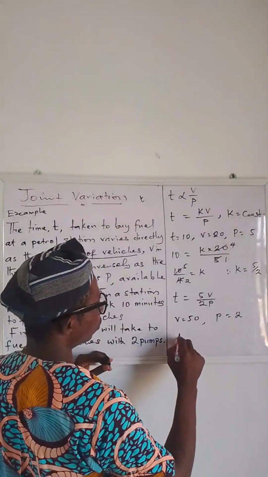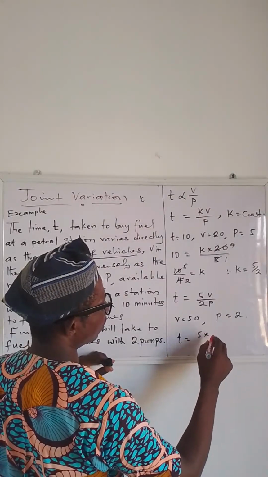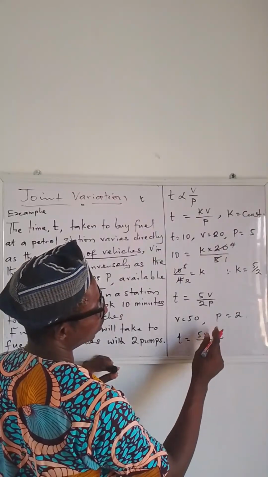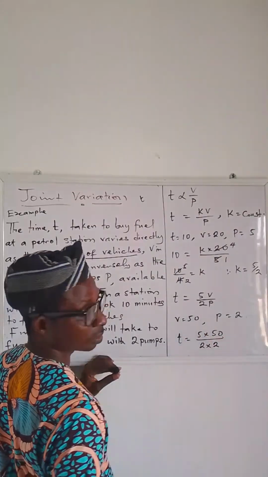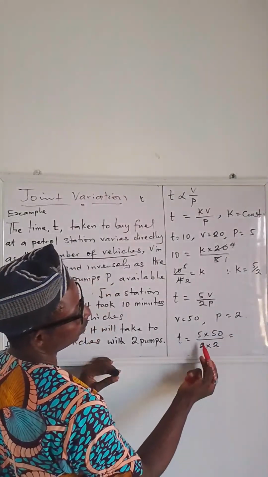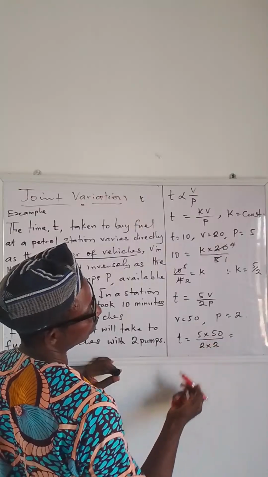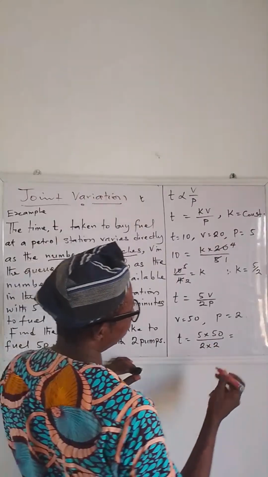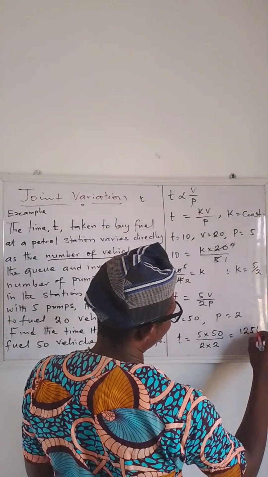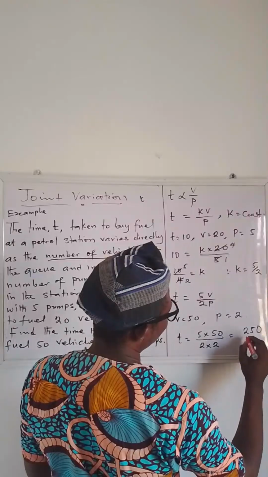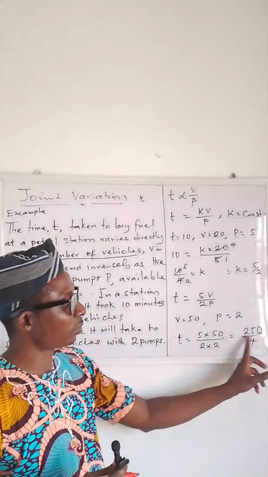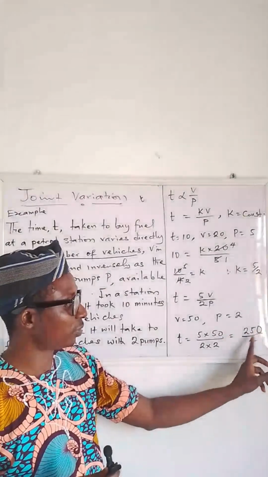So T will be equal to 5 times V, which is 50, over 2 times P, which is 2. When you multiply, because 5 times 50 is 250, you have 250 over 4.